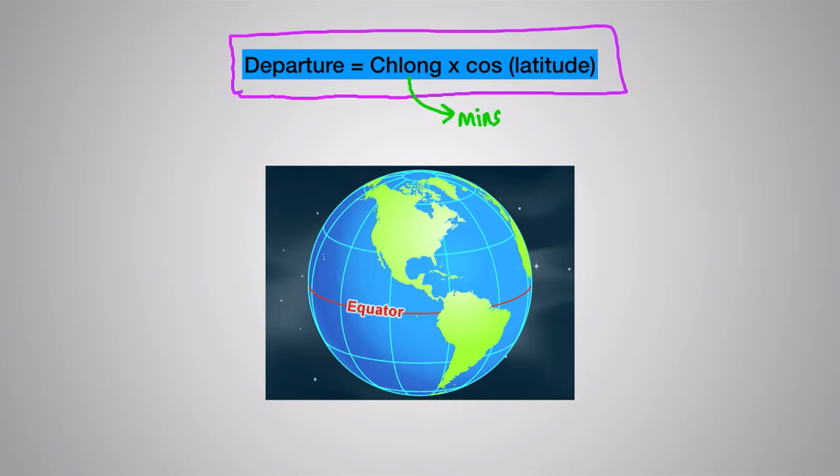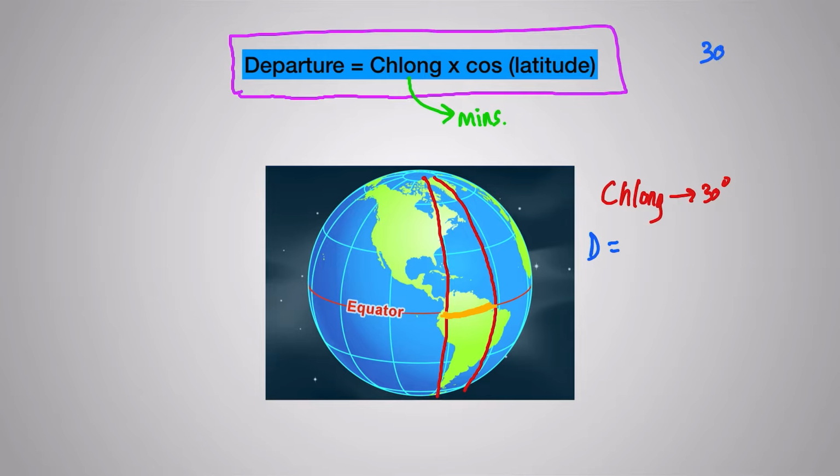Let's say we have to find the departure between two longitudes at the equator, and the change in longitude is given to be 30 degrees. So let's say these are the two longitudes, and the change in longitude is given to be 30 degrees. We are supposed to find the departure at the equator. So we'll just use the formula. It will say that departure equals change in longitude 30 degrees, but I have to convert it to minutes.